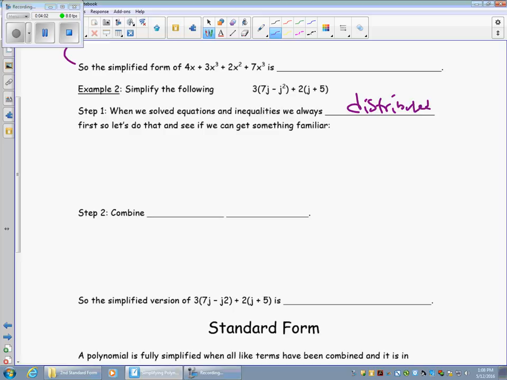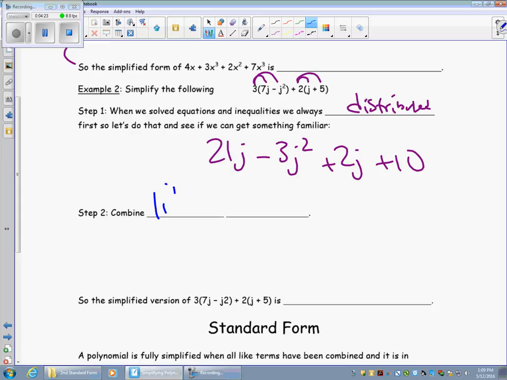So let's do that, and then it's going to turn into what we just did. So now when I distribute, I end up getting 21j's minus 3j squareds plus 2j's plus 10.